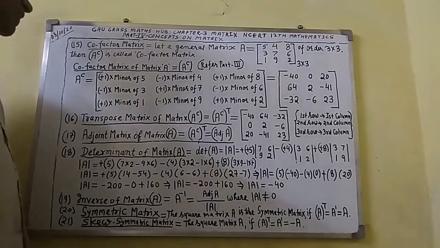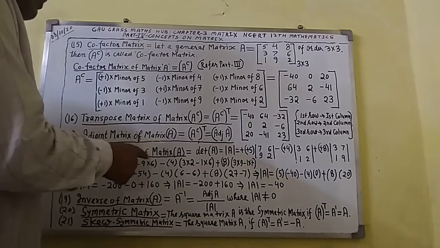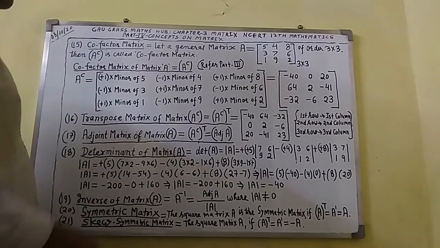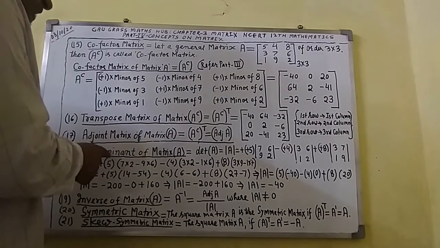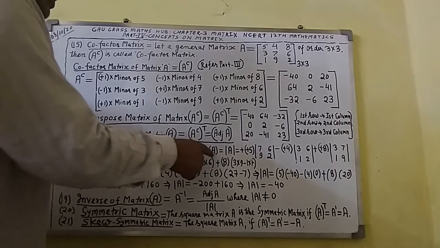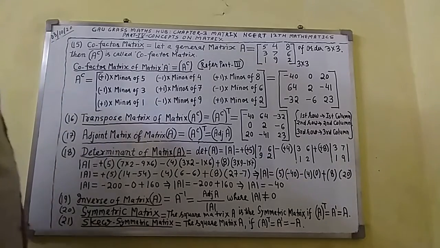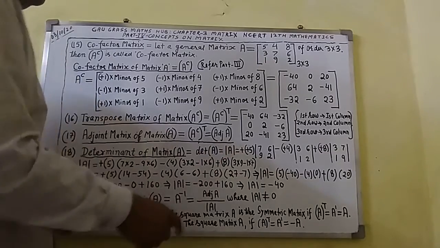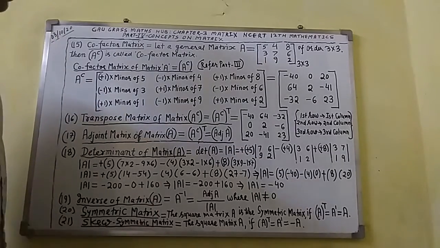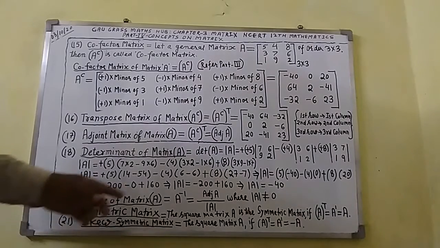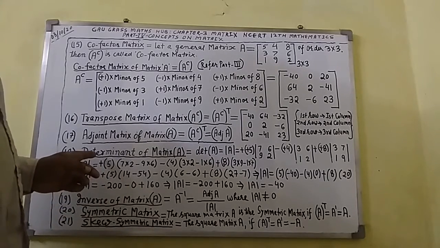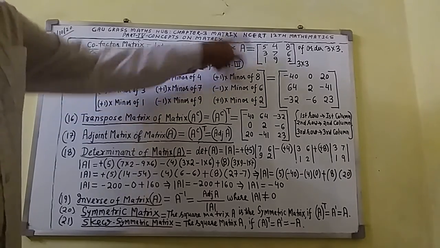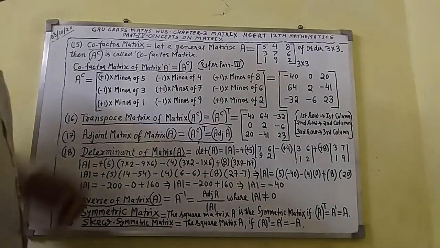So you have to get the determinant of matrix capital A, which in short can be written as det(A). Now you have to find the det of matrix A. So what to do here?